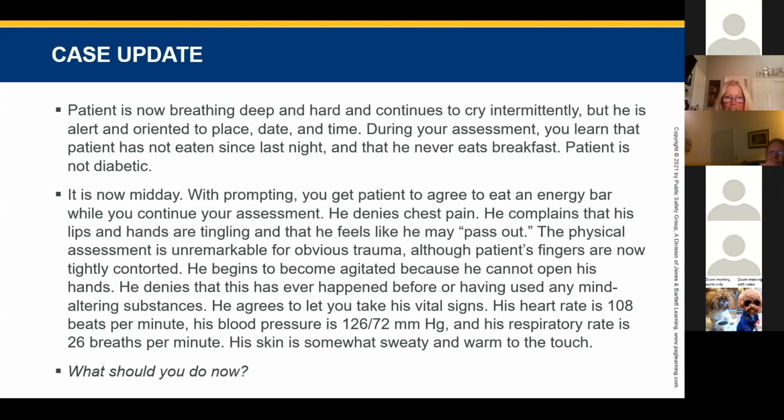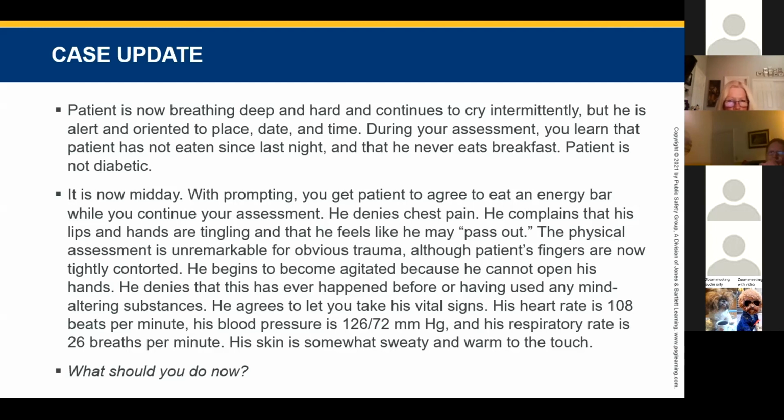You ask him, does he have chest pain? He denies it. He complains that his lips and hands are tingling and he feels like he may pass out. Okay, so what are we talking about? Hypoxic. Okay. Hasn't eaten really. The physical assessment is unremarkable for obvious trauma, which we knew we wouldn't find, although the patient's fingers are now tightly contorted.